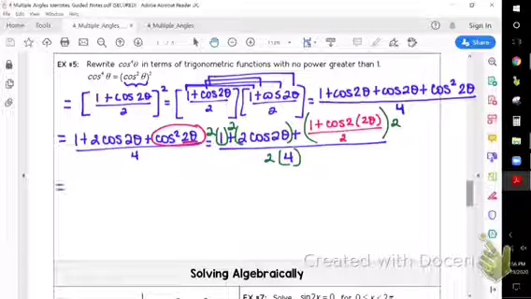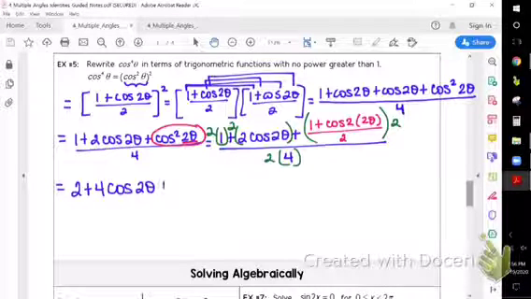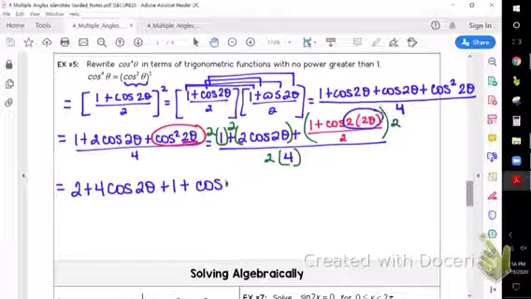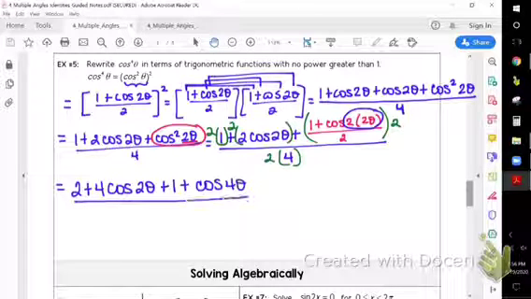So now we've got 2 plus 4 cosine of 2 theta plus 1 plus cosine, and I'm going to go ahead and multiply these. 2 times 2 theta is 4 theta all over 8. And so let's see, I do have some like terms that I can combine, right?